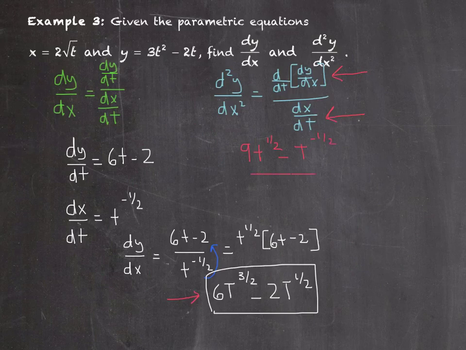And then we're going to divide that by dx dt again. And dx dt, once again, was just t to the negative 1/2. And so we're going to move that t to the negative 1/2 up to the top. And once you bring it up there and distribute, we are going to end up getting 9t minus 1. And that is the second derivative value.